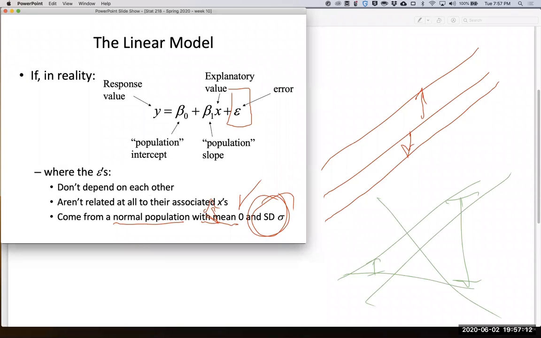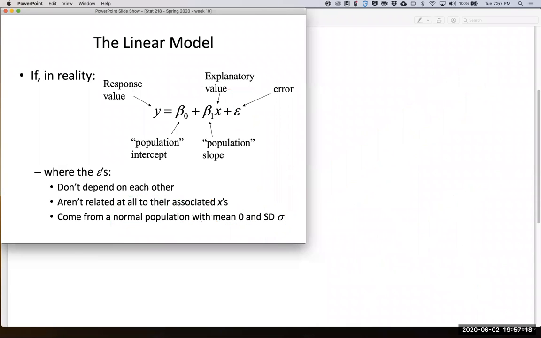And then lastly, normality in the population. To get after normality in the population, I want to consider the thing that I will term a residual. Here's our model. I'm going to write the model over here. Y is beta 0 plus beta 1x plus epsilon. Yi is beta 0 plus beta 1 xi plus epsilon i.